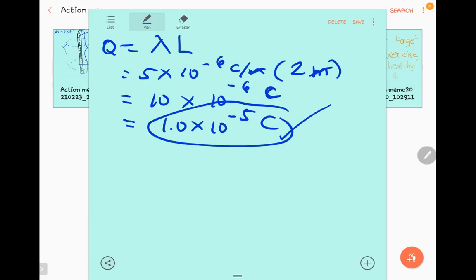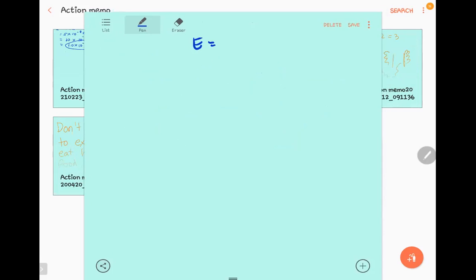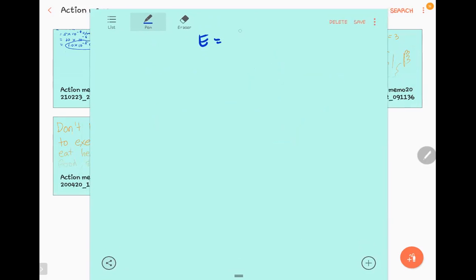Okay, screenshot for this one. And then for the last one, we have to find the electric field using the cylinder formula, correct? So our cylinder formula is E equals Q, oh, it's not Q, sorry.